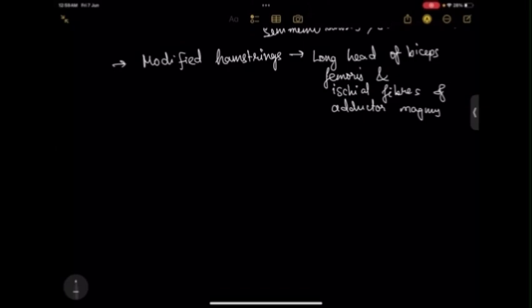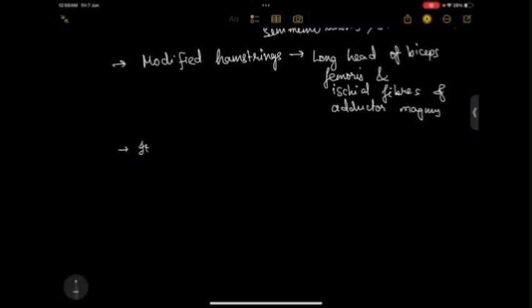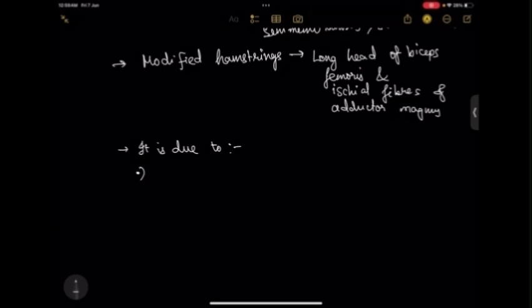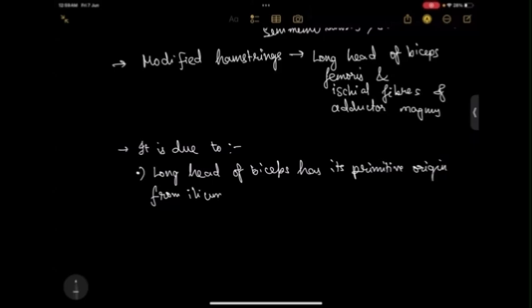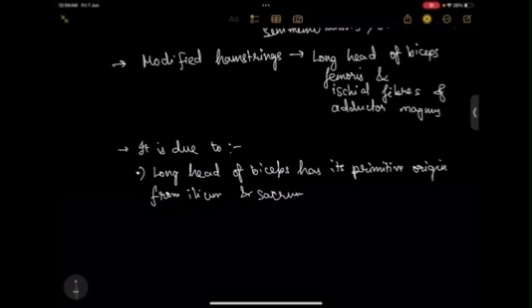Now we are going into details as to why they are known as the modified hamstrings. The long head of biceps has its primitive origin from the ilium and sacrum, but this origin is now known as the sacrotuberous ligament.